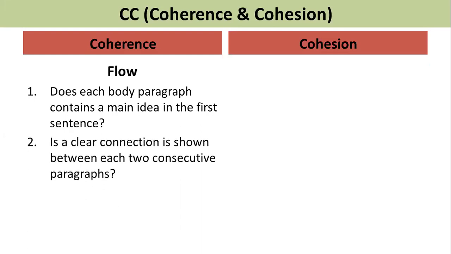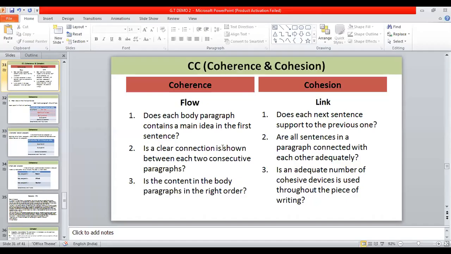Next, the second question is: is a clear connection shown between each two consecutive paragraphs? Read the question carefully. Then I will go back to the answer of the local council question and show you what this question means. The second question coherence asks us is, is a clear connection shown.